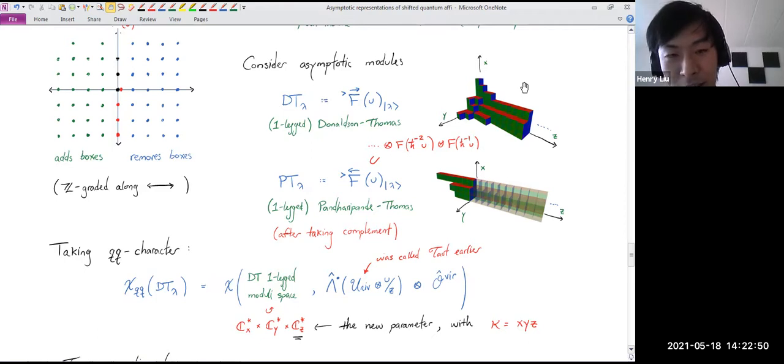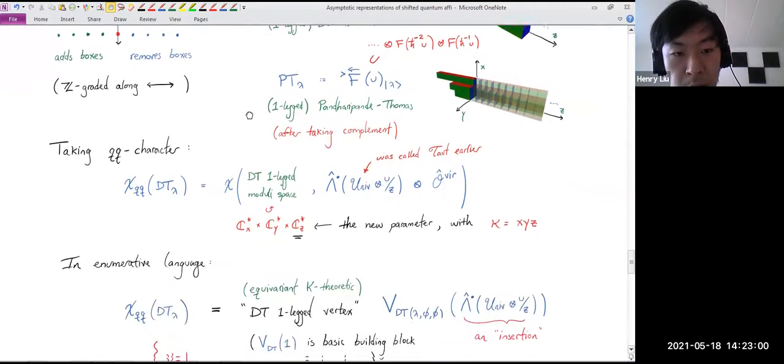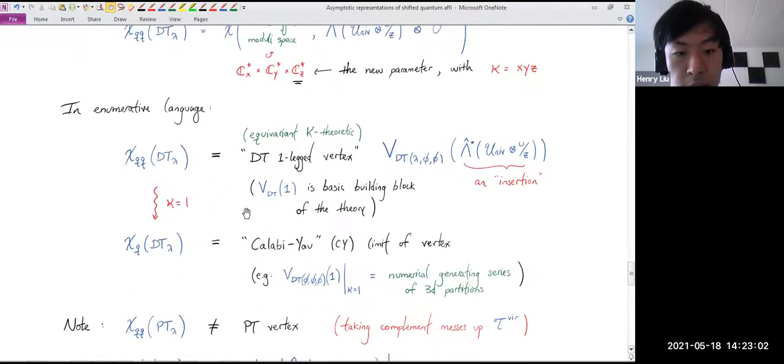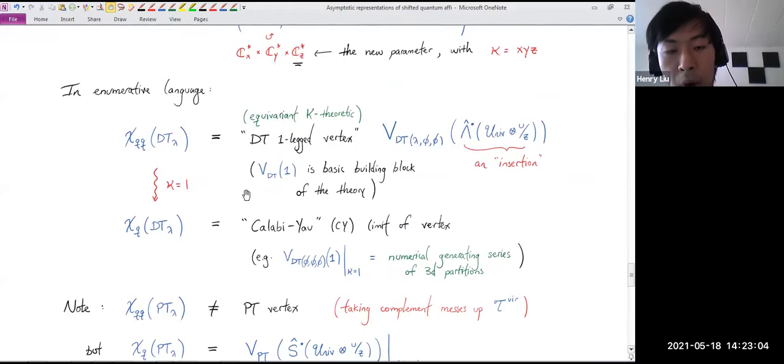It really is the primary source of complexity inside DT theory at a very lowbrow level. And so if you pass to Q characters, if you take the Calabi-Yau limit, that part just completely drops out, and you're left with something which is linear in the character of the 3D partition. That's much easier to deal with.